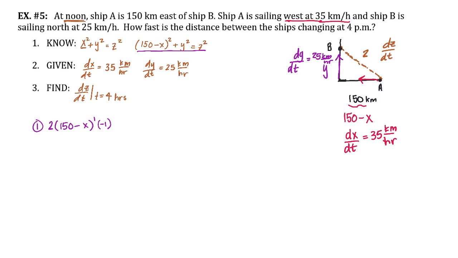I almost messed up, I forgot my dx/dt. So it's times dx/dt, plus 2y dy/dt, equals 2z dz/dt.